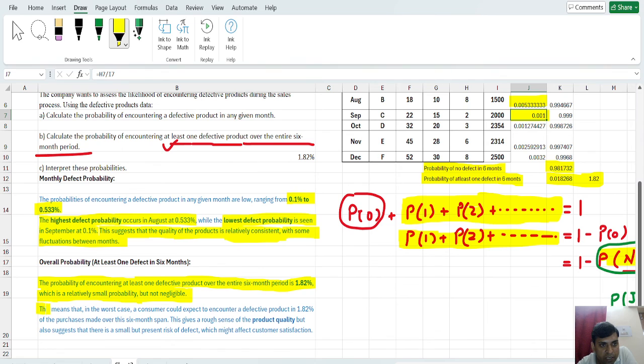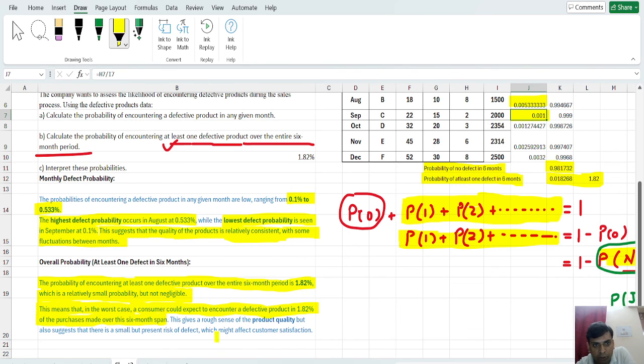This means that in the worst case a consumer could expect to encounter a defective product in 1.82% of the purchases made over the 6-month span. So in a 6-month period there may be a 1.82% chance of a defective product.